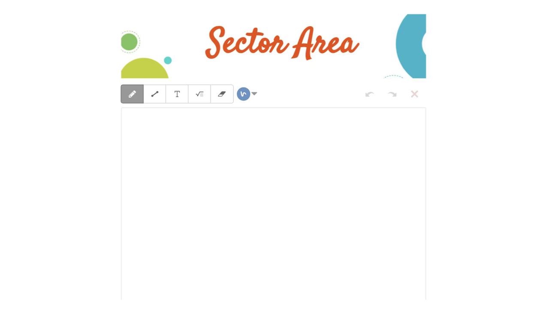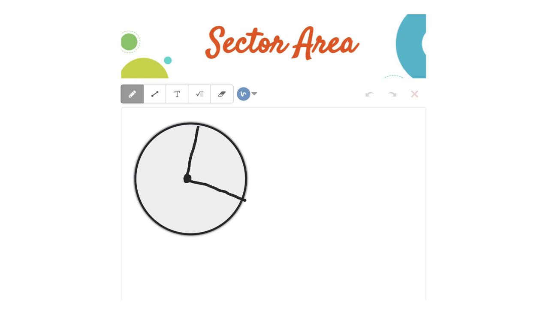Sector area is not going to be much different. Okay, so we have our circle and we have our central angle. I'll stick with that same number I used before, that 94. What we're going to be doing here is comparing that measure, that 94 over 360. This is our radius. I don't know what it is.